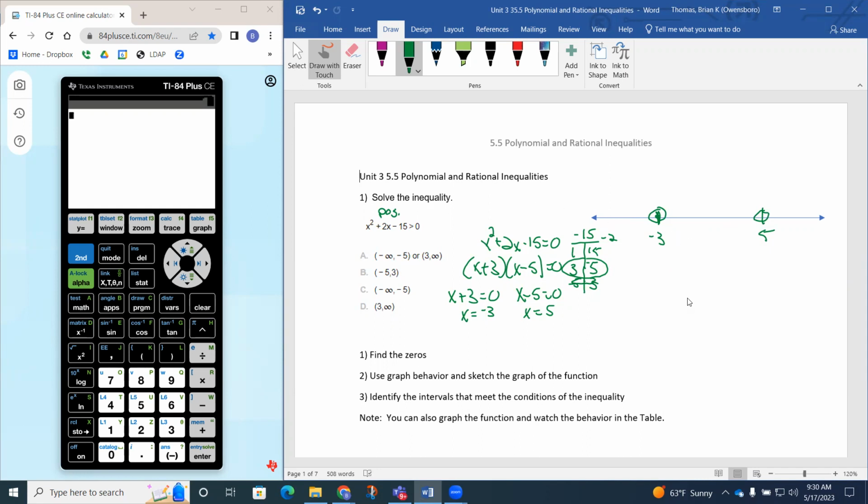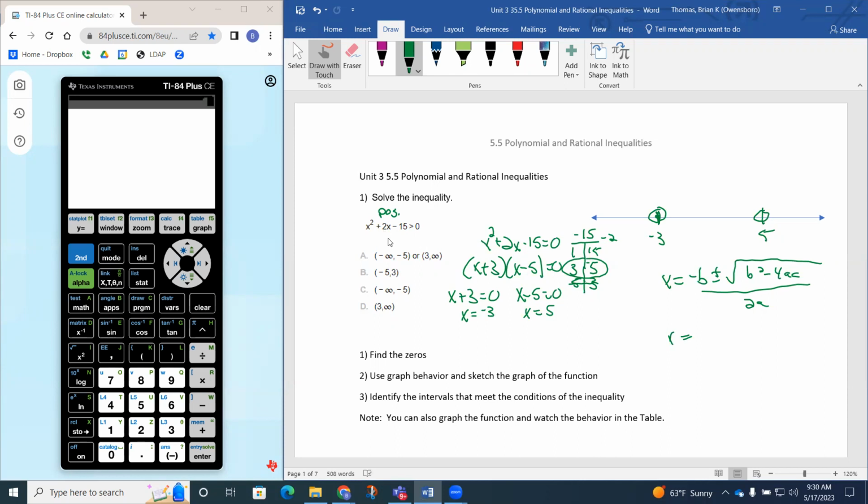Now, another way to find the zeros, I could be using the quadratic formula. x equals the opposite of b plus or minus the square root of b squared minus 4ac all over 2a. So x would equal the opposite of b.